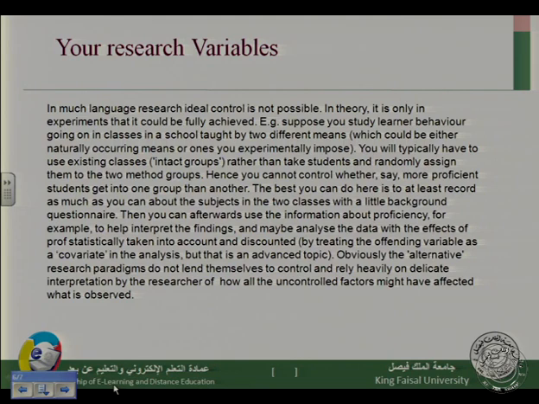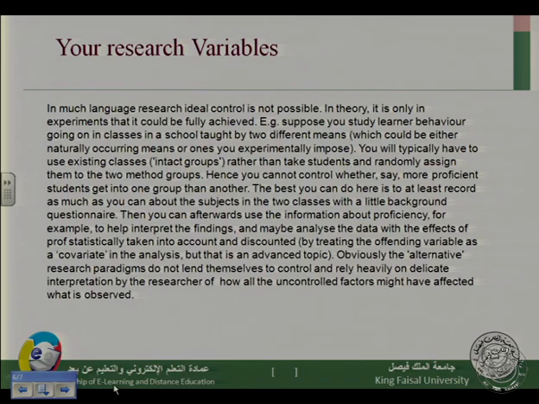For example, suppose you study learner behavior going on in classes in a school taught by two different means, which could be either naturally occurring means or ones you experimentally impose. It's like the example that I mentioned. You have two different teaching methods, with computers and without computers. This is a fully experimental design, and it's fully controlled.